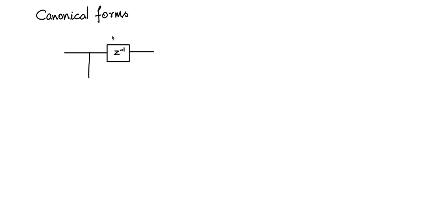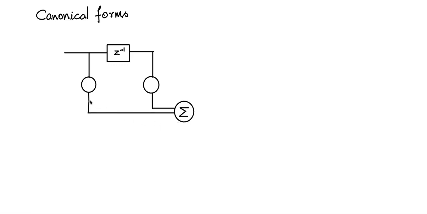So you see that I have a unit delay block, and this is where we give the discrete time input. Let me tap out here and then put the scaling factors, and then use a summer, and I will add up these signals. So this is typically the FIR filter, which is a subset of the overall bigger IIR filter structure topology.